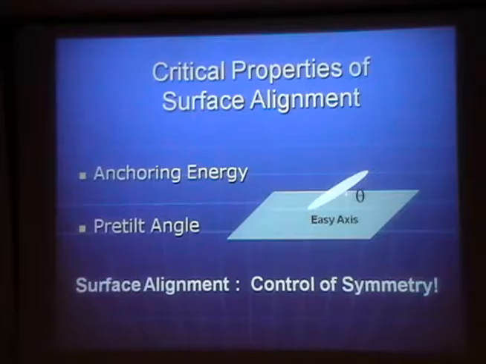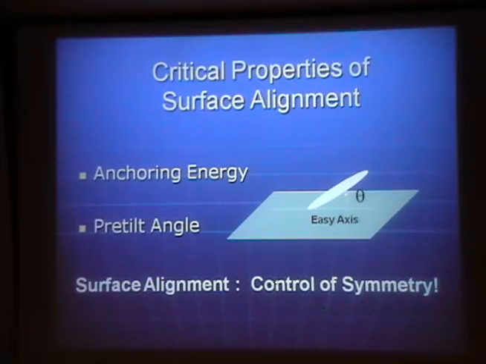So all the methods so far developed are created to address the particular need of the display industry, or display design. But the bottom line of surface alignment is actually the control of symmetry, rather than the control of energy. Without the control of symmetry, it doesn't make sense to try hard to do any business of controlling energy.